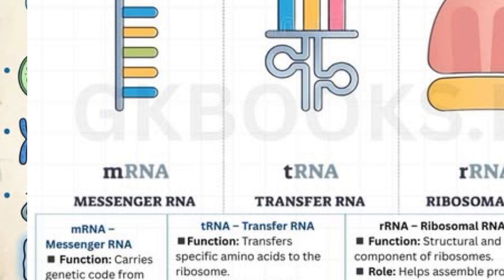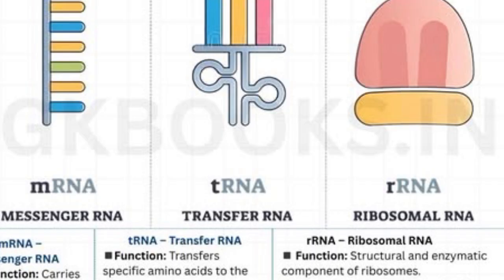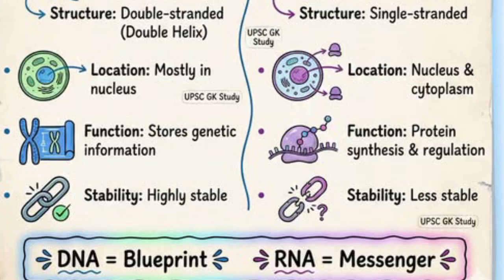Transfer RNA helps in bringing amino acids during protein synthesis, and ribosomal RNA is a very important component of ribosomes and participates in protein synthesis. So in simple words, you can say DNA stores genetic information while RNA helps the information to be expressed.